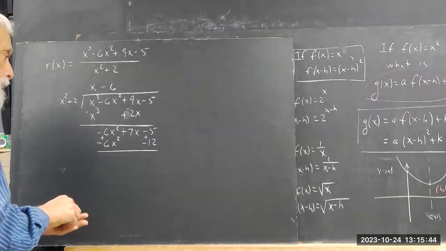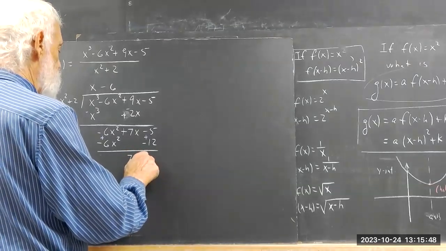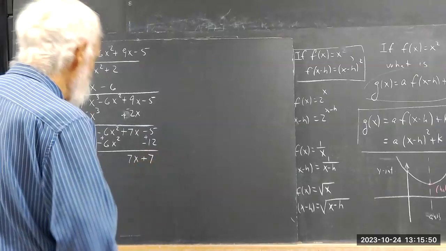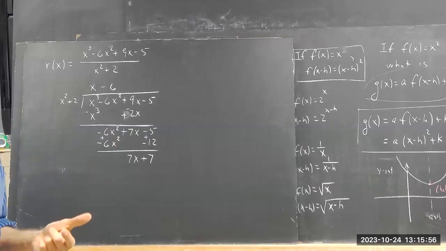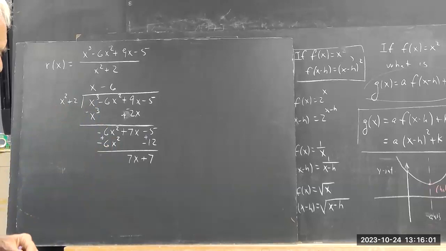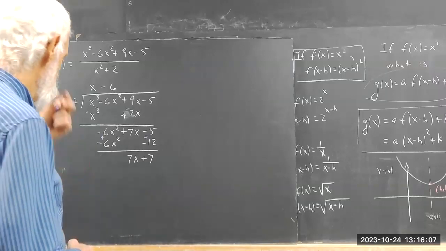And we end up with 7x plus 7. Boy, that's 7 times the quantity x plus 1. These x plus 1s keep getting me today. The MDE class could tell you why, or you can look at the video we did. Anyhow, it's 7x plus 7, okay?